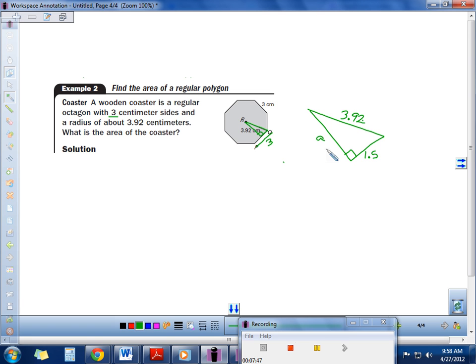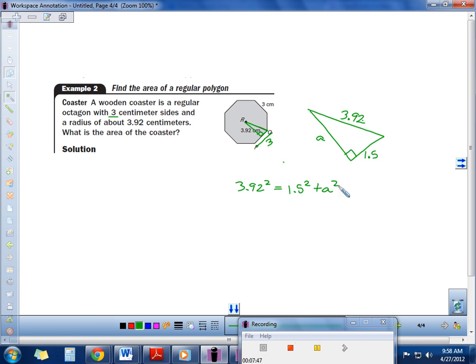Pythagorean Theorem. Good job. I heard that. How do you start off our Pythagorean Theorem? 3.92 squared equals 1.5 squared plus a squared. Now, calculator time, since we have a lot of decimals, type that in your calculator.